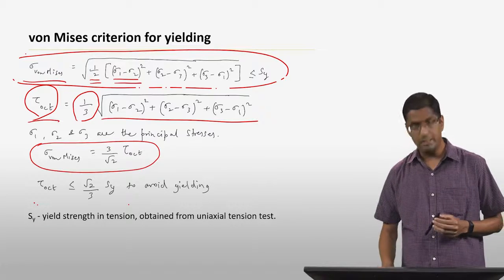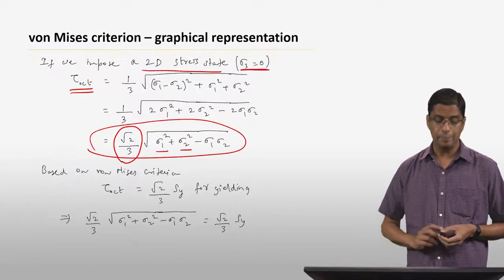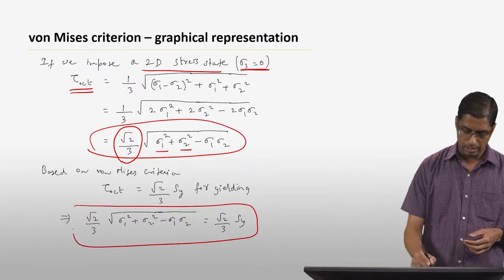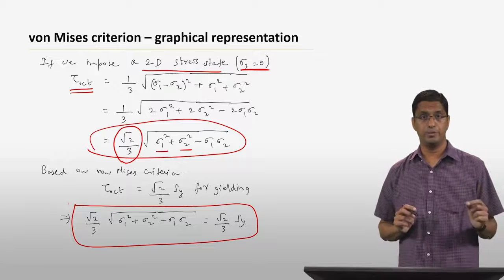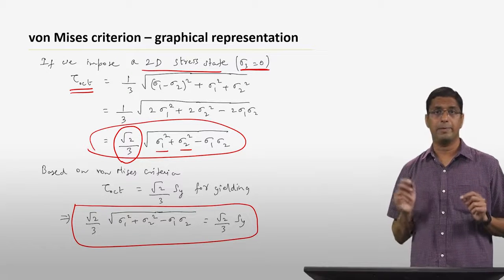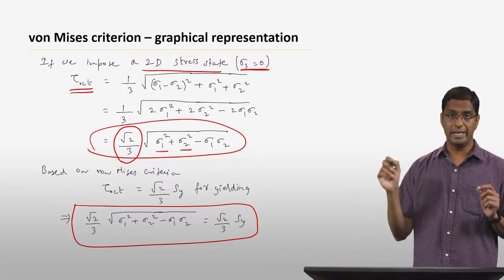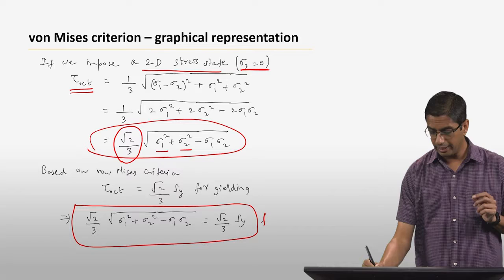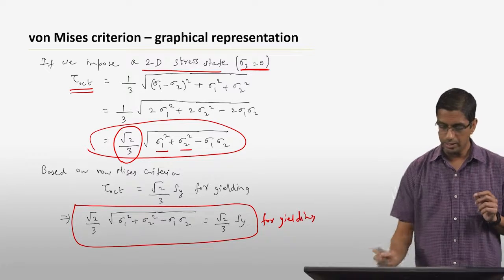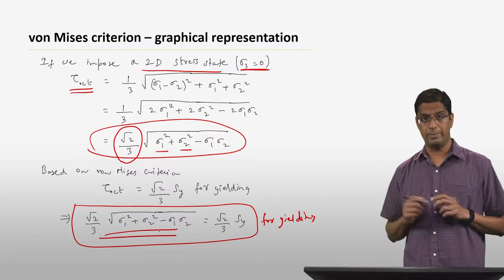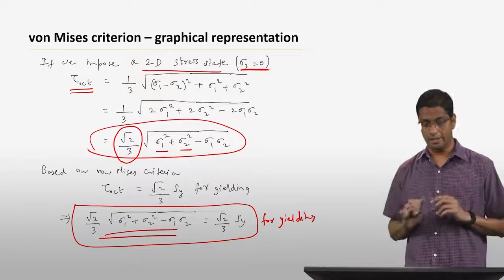So if you use that particular formula, then we end up with this equation. Square root of 2 divided by 3 times square root of sigma 1 square plus sigma 2 square minus sigma 1 sigma 2 should be equal to square root of 2 divided by 3 times Sy for yielding. If this quantity here is less than square root of 2 divided by 3 times Sy, then the material will not yield.